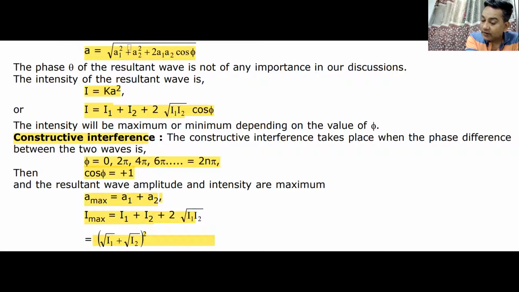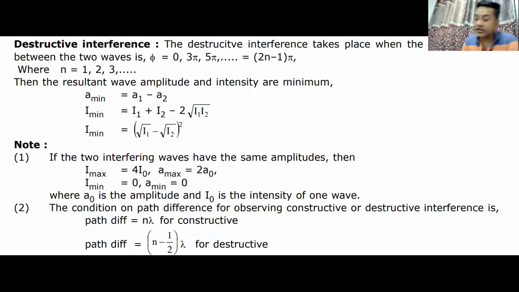Then we quickly cover the destructive interference as well. In destructive interference, the phase difference becomes (2n minus 1) pi.